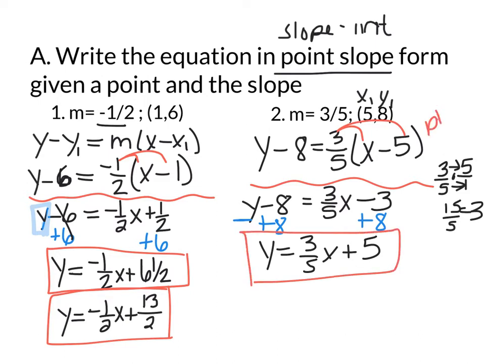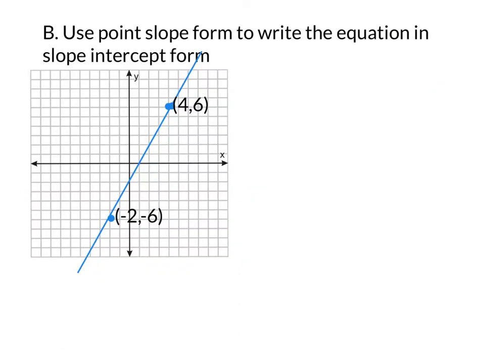So this is point-slope, and this form is slope-intercept when y is by itself. Now what if we have 2 points instead of a point and the slope? On a graph, we can find the slope by using the rise over the run. I'm going to start at the leftmost point here.